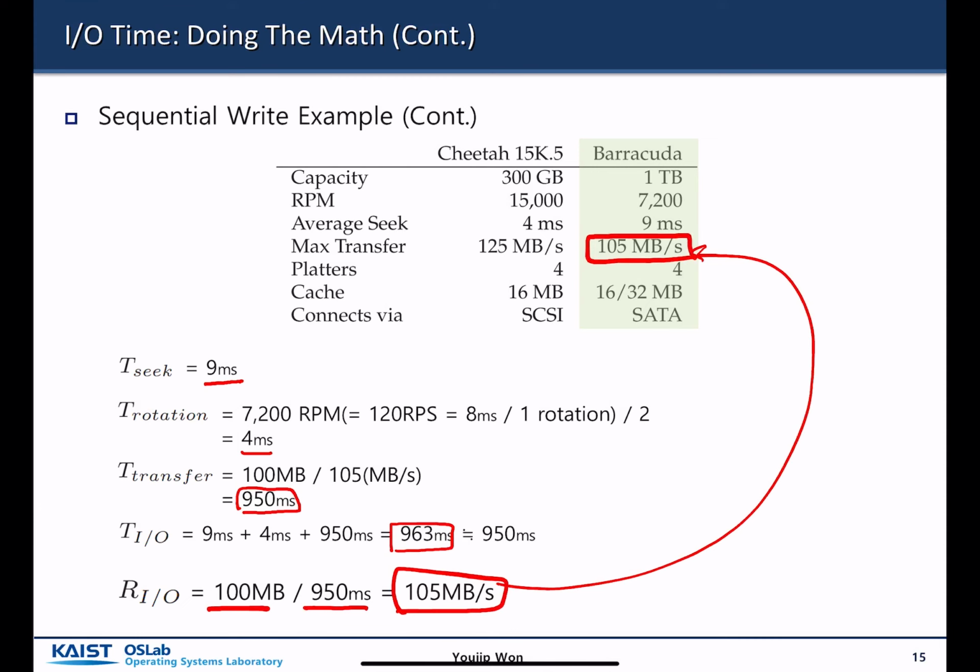So if we write 100 megabytes in consecutive fashion, the application should be able to fully exploit the performance of the underlying hard disk drive. That is very desirable, because we have successfully utilized the performance potential of the drive.